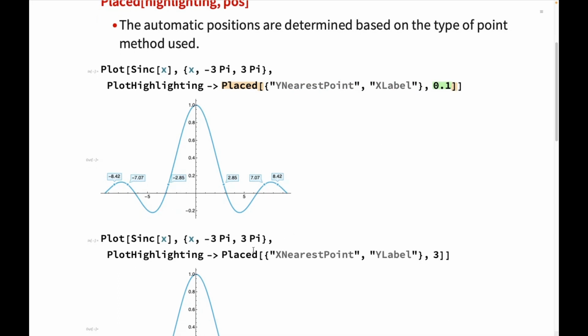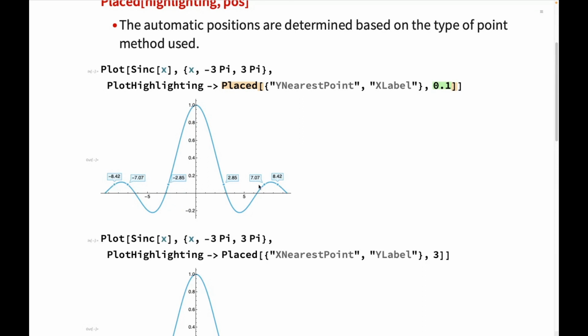For example, this location, which is just a value, has some auto detection, detecting your point method. So this point method is y nearest point. So it understands this value, although it's just a single value, it means the y direction. It's a y value. So y equal to 0.1.